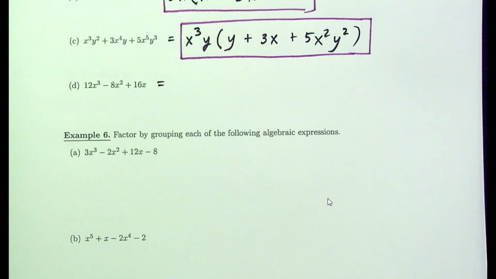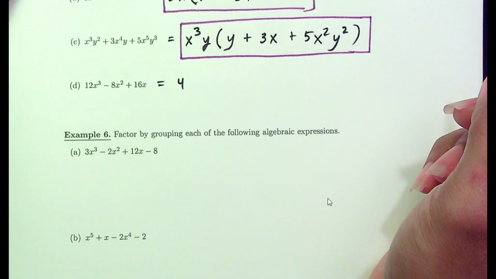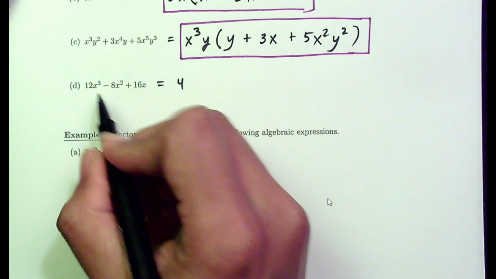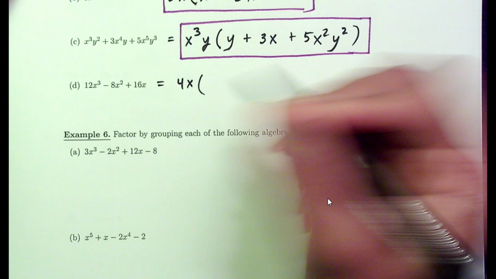Well, 8 doesn't work because 8 does not go into 12, but 4 goes into all of them. 4 goes into 12, 4 goes into 8, 4 goes into 16, and there's nothing bigger. So it is 4 for the coefficients. Then for the variables, the exponents are 3, 2, 1. So x to the 1 is the one that goes out.